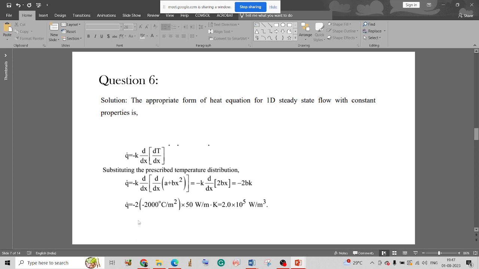So the heat generation will be 2.0 times 10 to the power 5 watt per meter, sorry, meter cube. This is the heat generation per unit volume that is asked to find in this question.